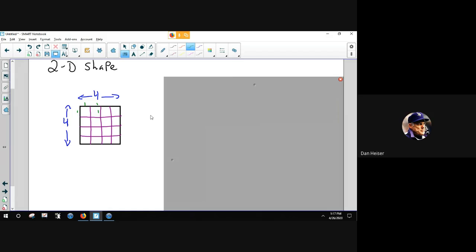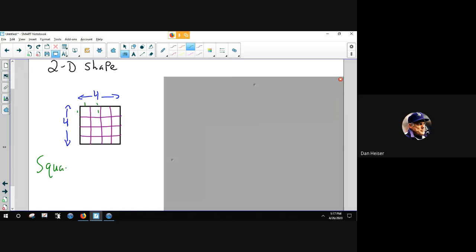And for nice perfect figures, that works just fine. In general, not so much. You'll see why that fails in a few minutes. A better way to find the area for this particular figure is to realize that because I have a square that measures 4 on each side, I'll have 4 squares that way and 4 squares that way.